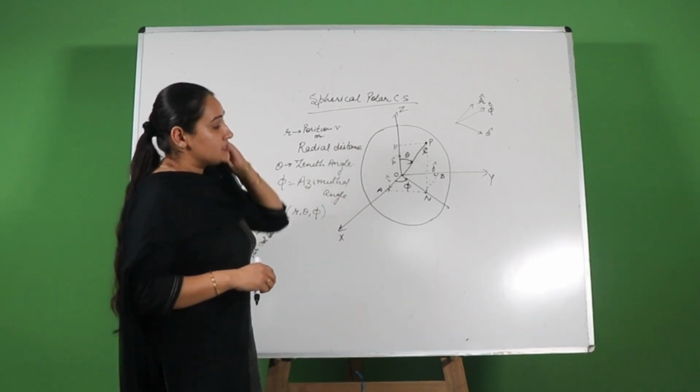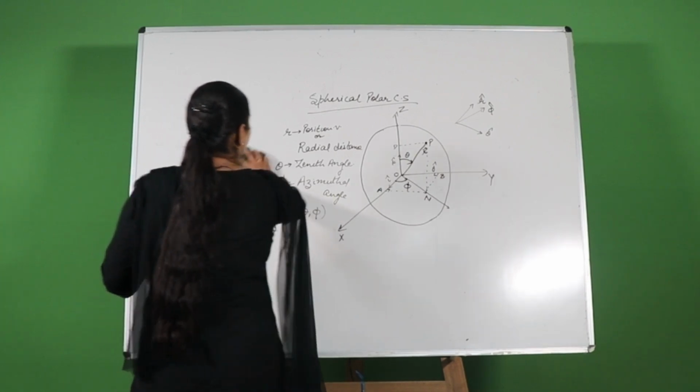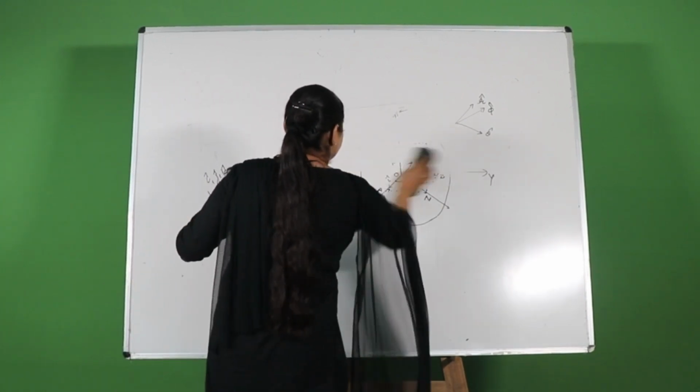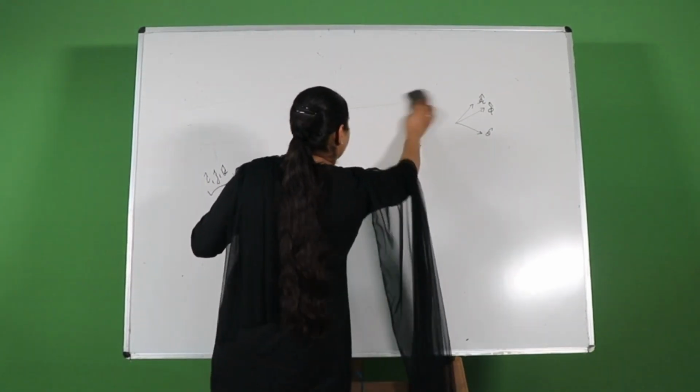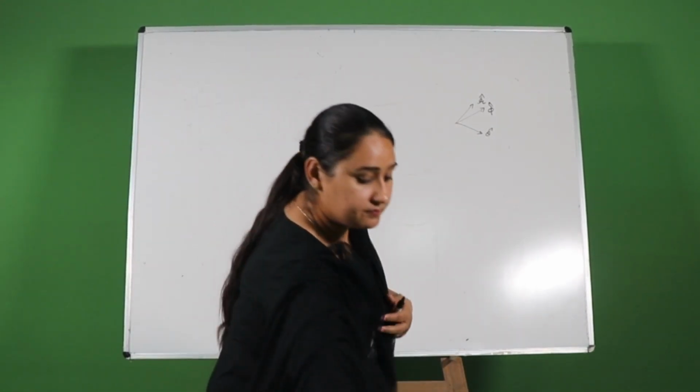Now next is cylindrical coordinates. Cylindrical coordinates are those coordinates which have an axis of symmetry.